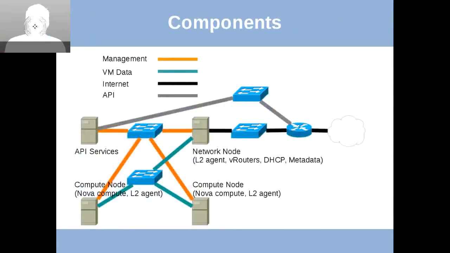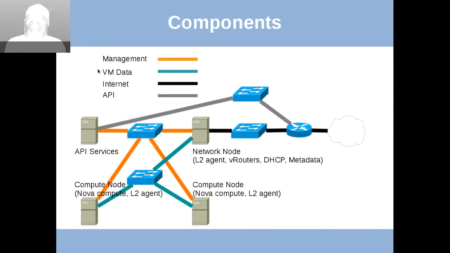Next slide. So I started this talk by talking about graphs and an overview of components. So here it is. There's a lot of information on this slide. Specifically, I'm talking about the 4 different networking types, right?